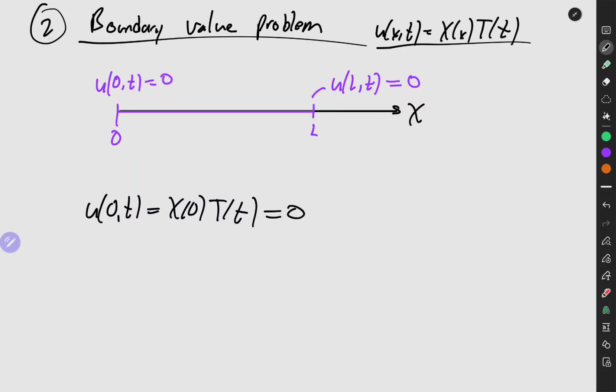Right? So now this is pretty simple. You can just divide by T of t there, right? Because either or, right?